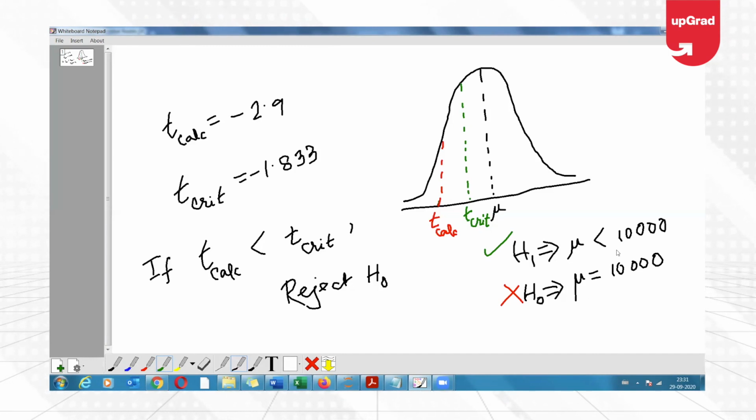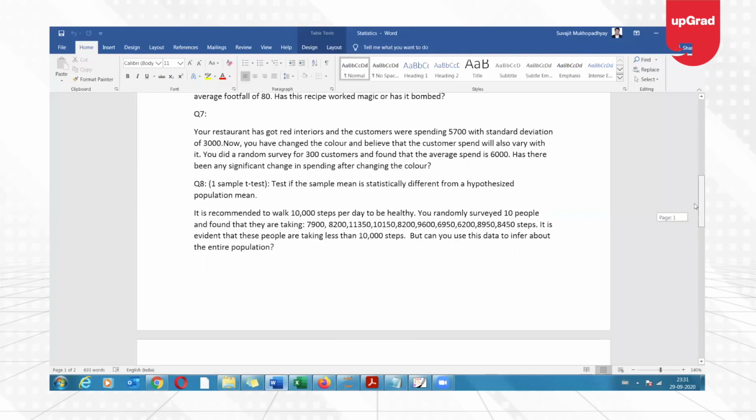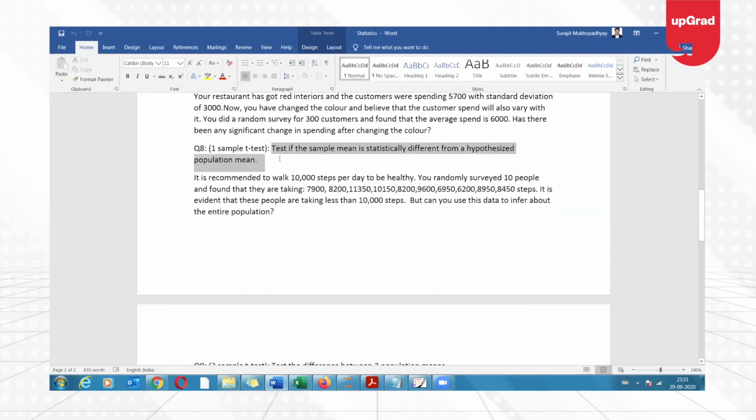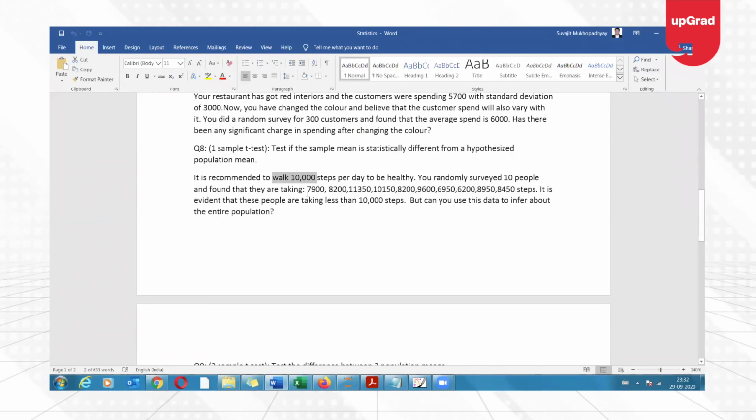So here my hypothesized mean is this, and as you have seen here, we see that yes, the sample mean which we calculated from here is statistically different from my hypothesized mean. In this case it's less because it's very evident that they are taking less than 10,000 steps.